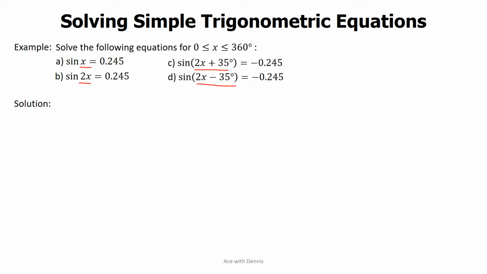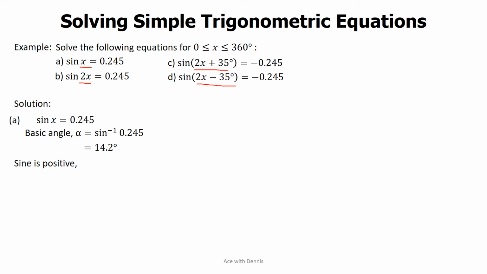Here's the solution. For A, sine x equals 0.245. To get the answer, the steps are very easy. First step is you want to find the base angle, alpha. So in this case it is inverse sine of 0.245, and if you press the calculator, the answer is 14.2 degrees.